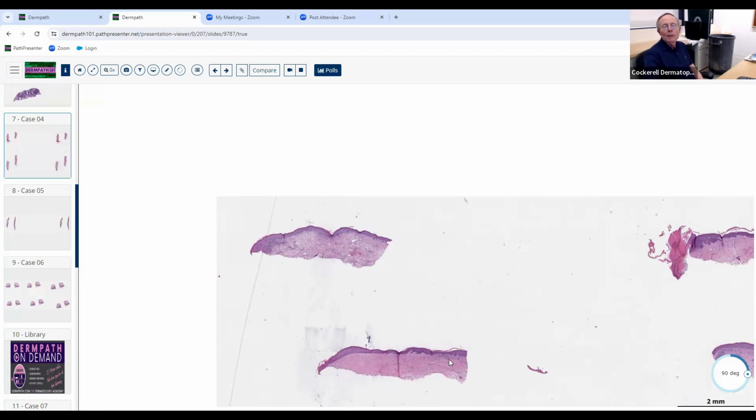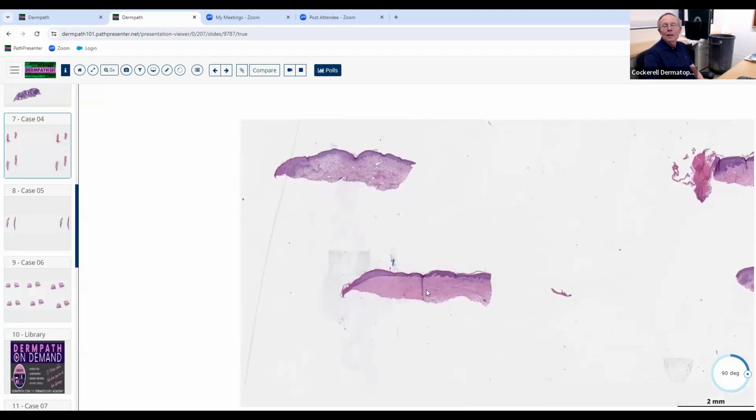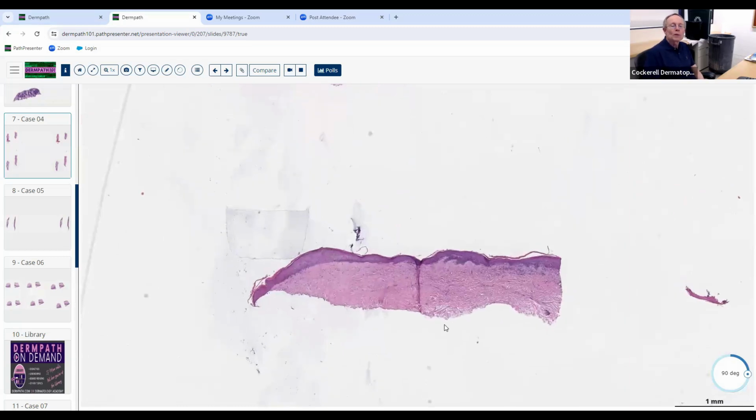So we can't really evaluate a lot of the histologic criteria. We can't assess whether this is superficial and deep. We just can't see a lot of things, but we can see some things. Whenever you're faced with a suboptimal biopsy, which we're faced with in this laboratory hundreds of times every day, you have to have the ability to apply the criteria that you can apply in this situation.